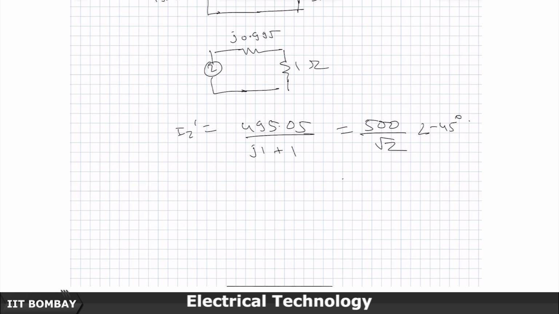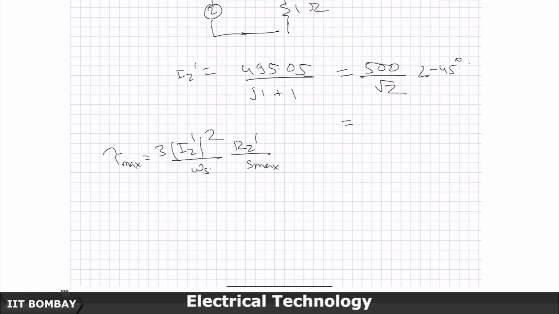So, if you say torque max is 3 I2 dash square R2 dash by S max divided by omega s.